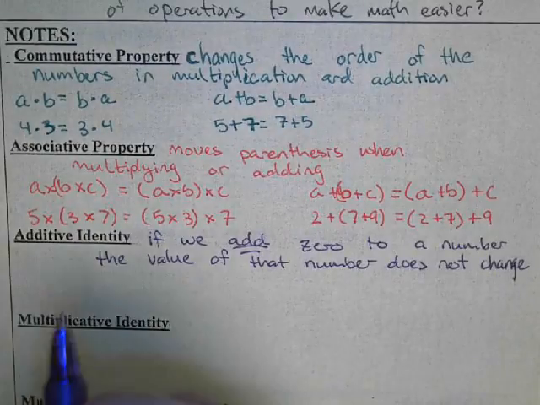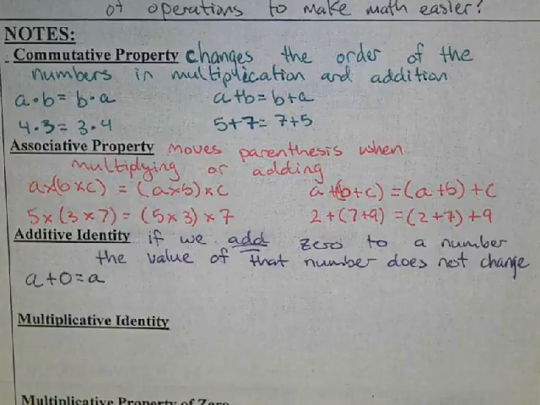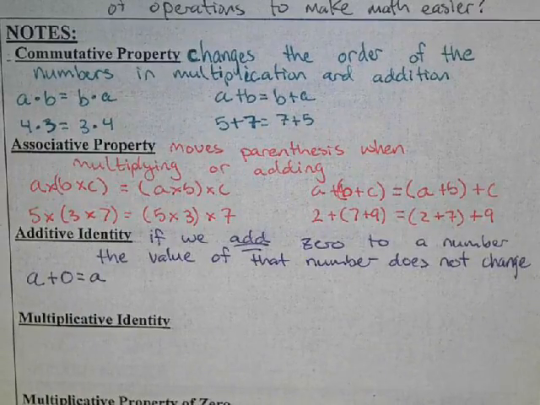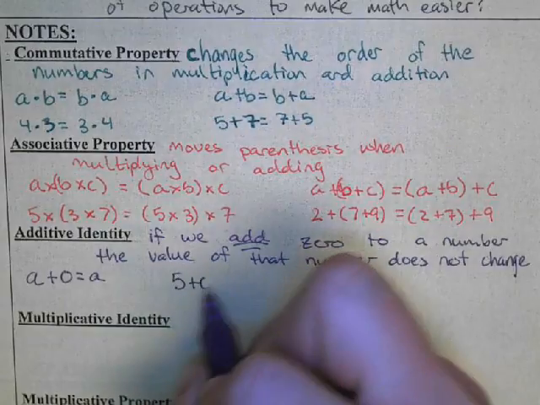So what this would look like if we were using letters, we could say a plus 0 equals a. And if we were using numbers, we would say 5 plus 0 equals 5.